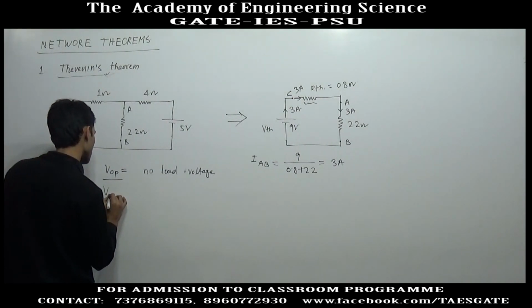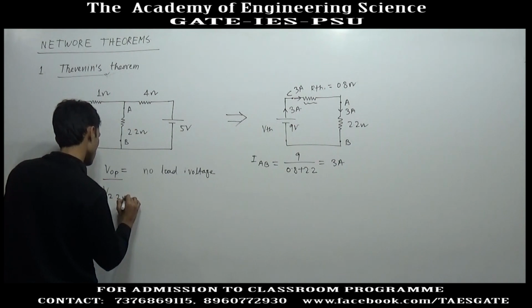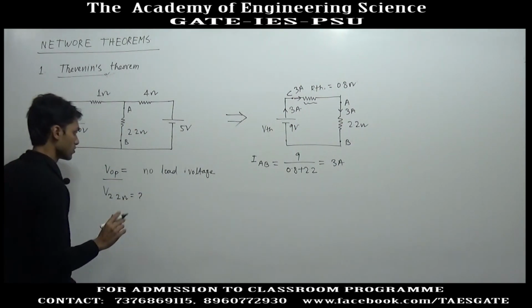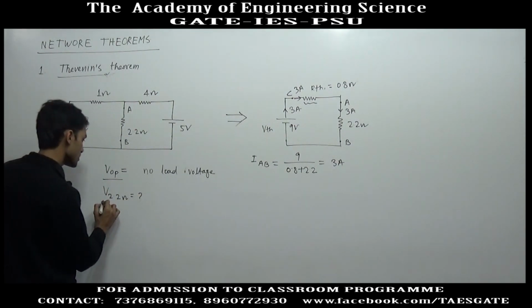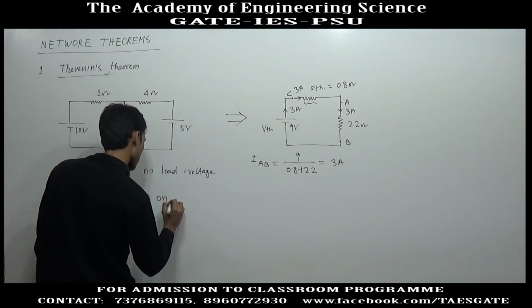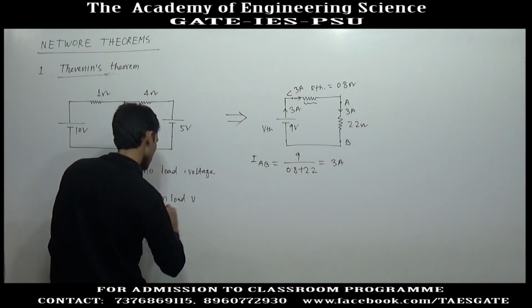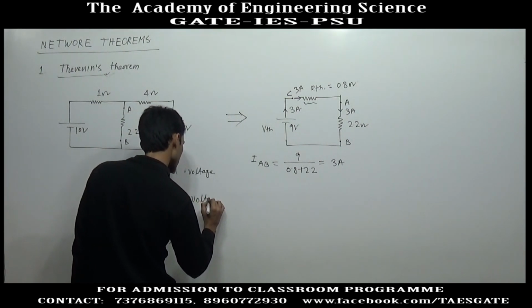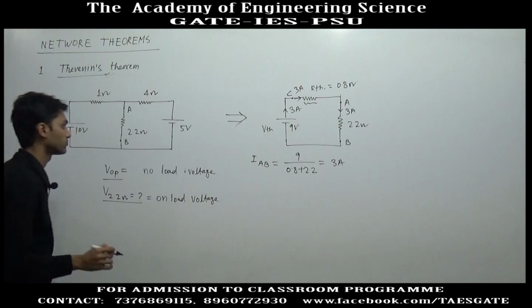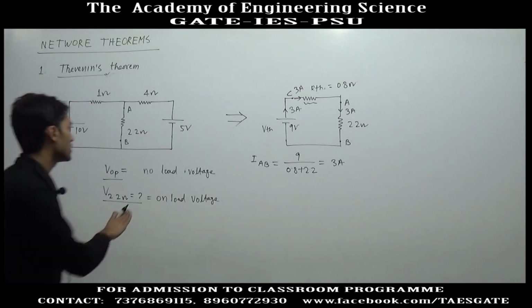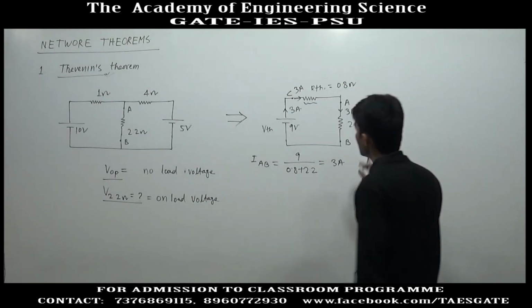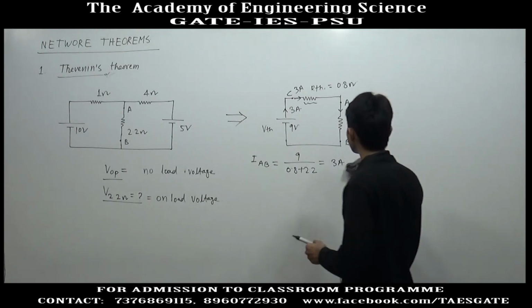So I want to say here that this is the on load resistance, this is the on load voltage, and these two voltages are not the same. This is very easily visible in the Thevenin equivalent circuit.